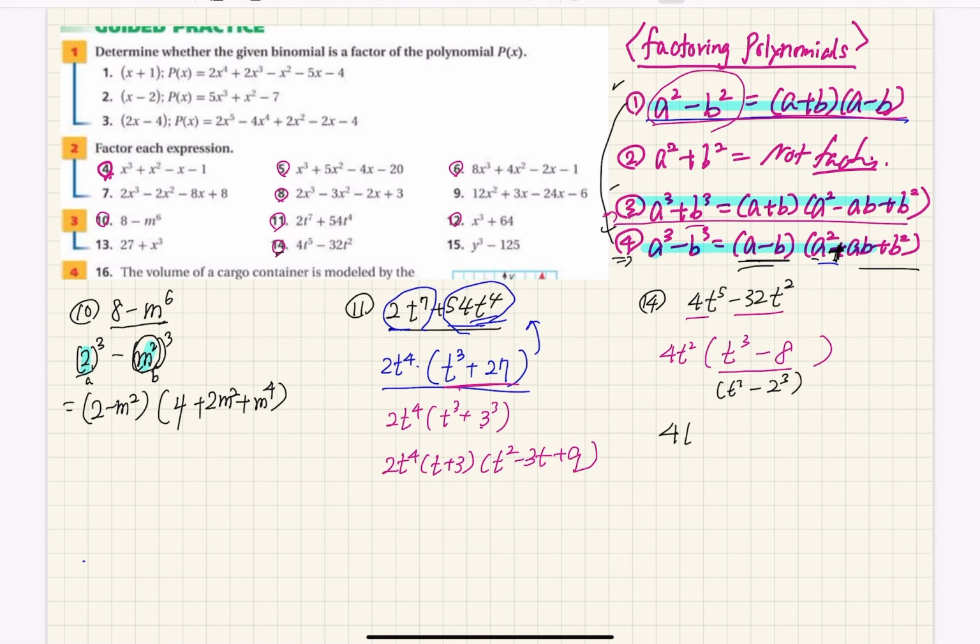So keeping 4t to the second power, you factor these two terms like t minus 2 times t squared plus 2t plus 2 to the second power, which is 4. So the answer is 4t to the second power times parenthesis t minus 2 times parenthesis t squared plus 2t plus 4. Yes, this is the right answer.